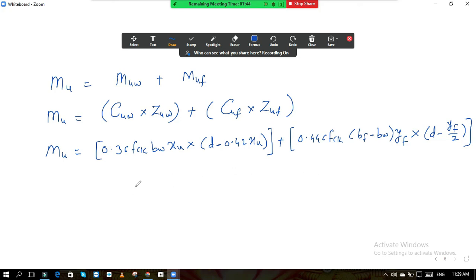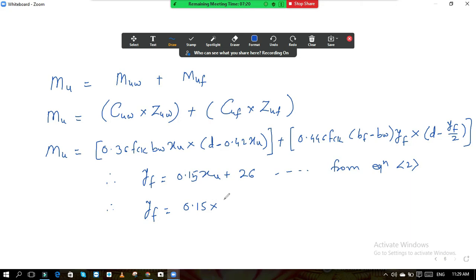This is the formula. So therefore we must know the value of yf. yf is equal to, the formula is 0.15 xu plus 26. Where does it come from? From equation 2. So yf is equal to 0.15 into xu.